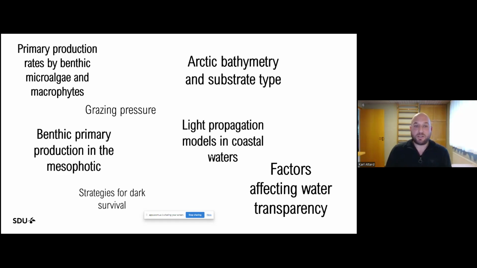And we could imagine that the light climate that these regions experience could be quite different compared to what their shallower counterparts would see, just because of how light propagates through the water column and the different wavelengths of light that are filtered with depth. And this is something that we're looking into as well.